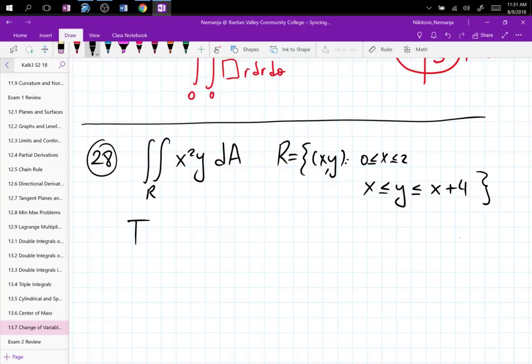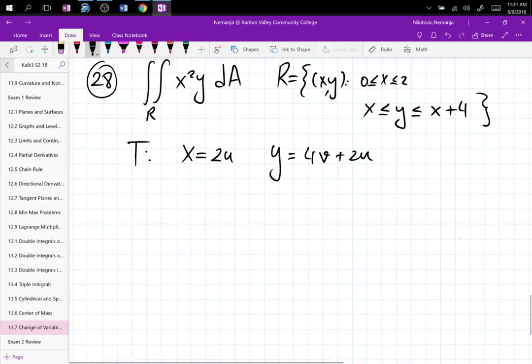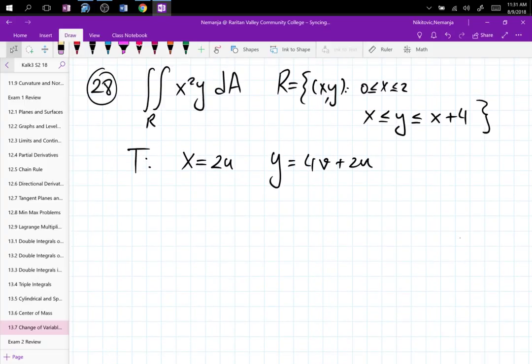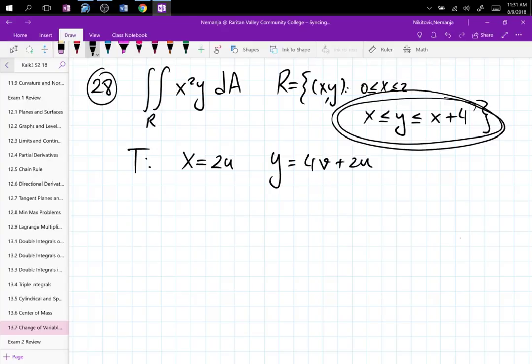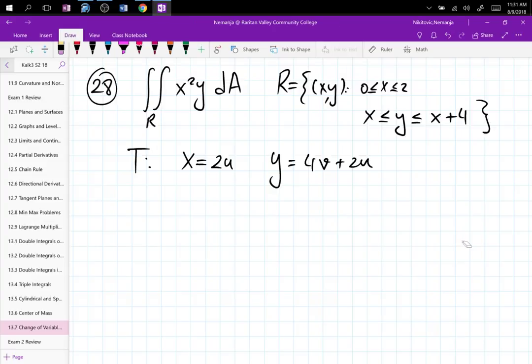We have a transformation that takes x equals 2u and y equals 4v plus 2u. Well, I'm excited because this, all right? Well, guys, it's simple. Look, there's one equation over there, and there's another equation over there. It just looks crazy, but it's simple.